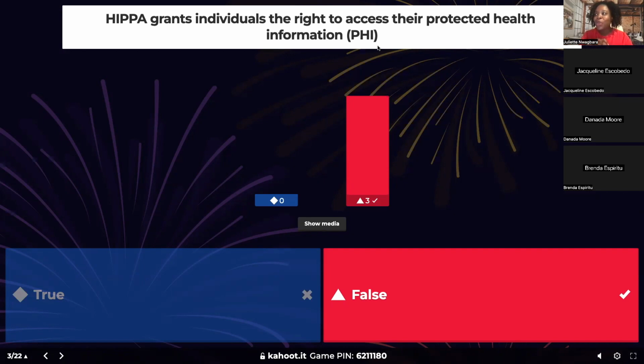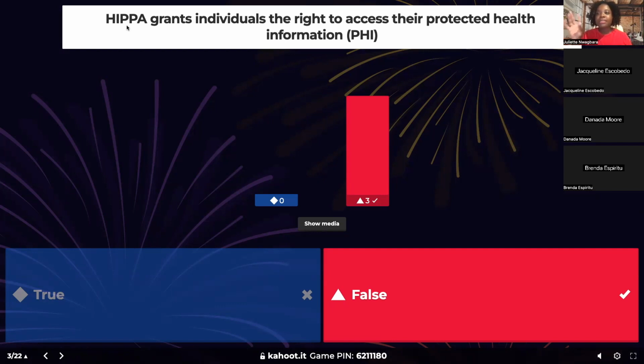Tell me why you think you got it wrong. Or right, rather, it is right. Did you guys get it all right? Oh, yes, you guys all got it right. So what I did here was HIPAA was spelled incorrectly. HIPPA is not right, because that is not the right acronym.